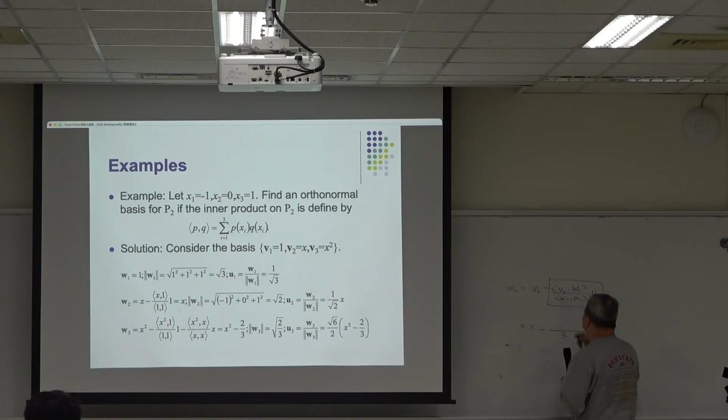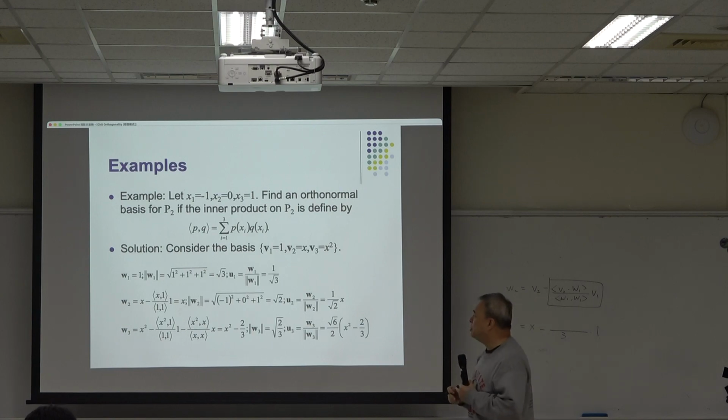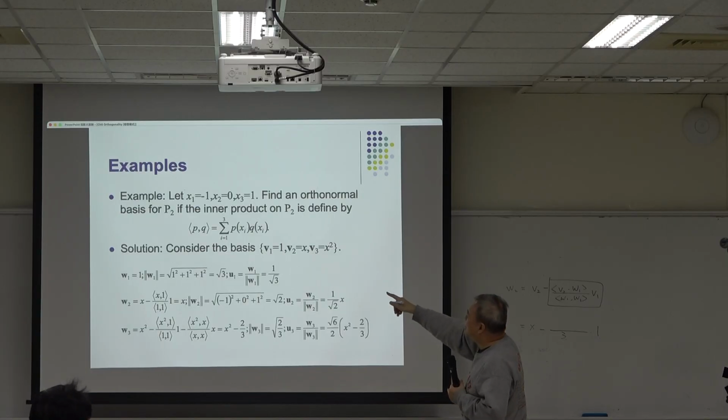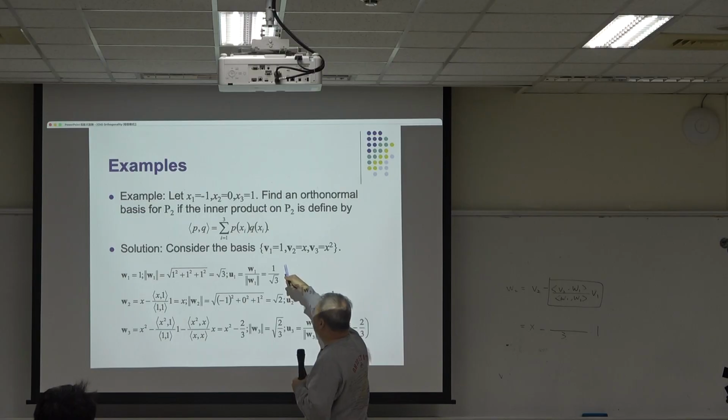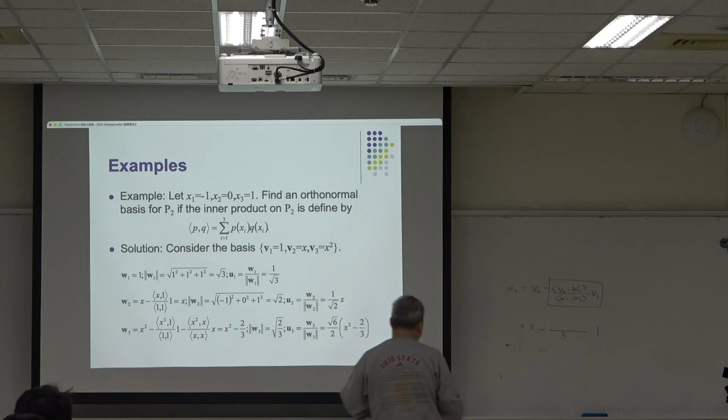And v2 dot w1: v2 is x, so p is x and q is 1. If you plug in x1, it's -1 times 1, so the first term is -1. The second term, x2 is 0, so 0 times anything is 0. The x3 is 1, and 1 times 1 is 1. So -1 plus 1 is 0. So the whole thing is 0.